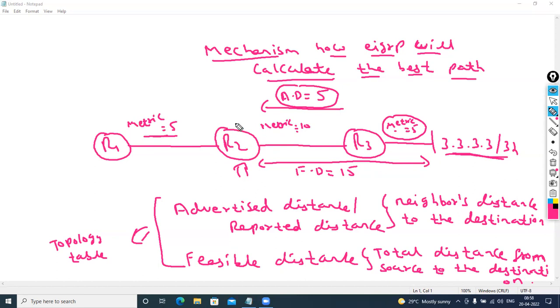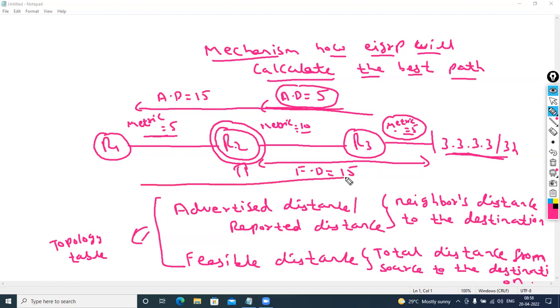What is the advertised distance? It is the neighbor's distance to the destination. The total distance is 15, so it will advertise an AD of 15. Now, what is the total distance? Like this, EIGRP will calculate the FD as 50, the total distance.